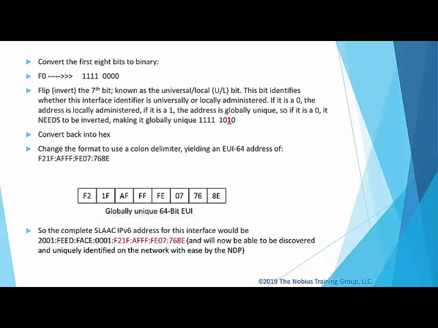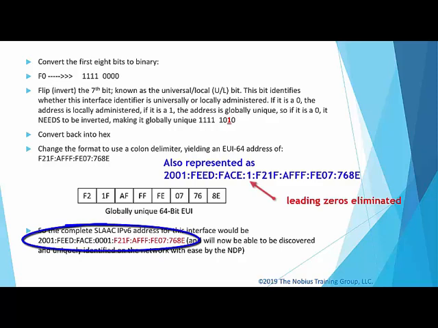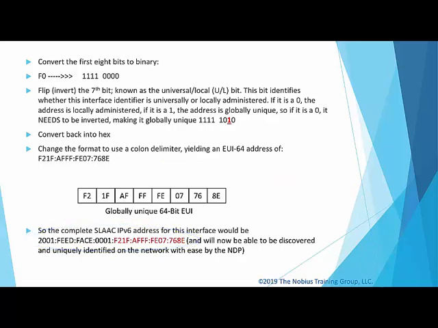So the complete SLAAC IPv6 address for this interface would be 2001:FEED:FACE:1:F21F:AFFF:FE07:768E, and you get the picture. And now it will be able to be discovered and uniquely identified on the network with ease by the Neighbor Discovery Protocol. Thank you very much for watching.